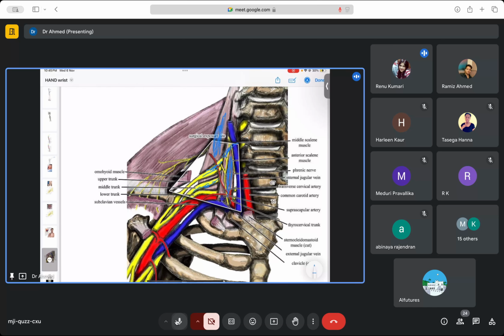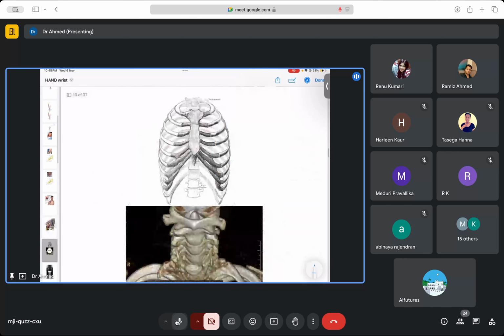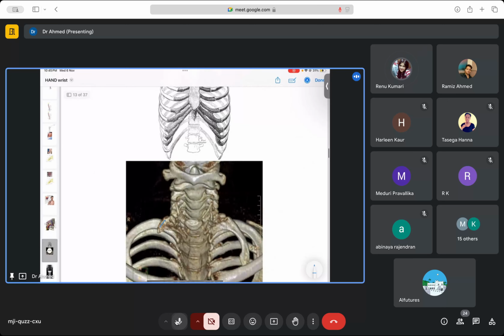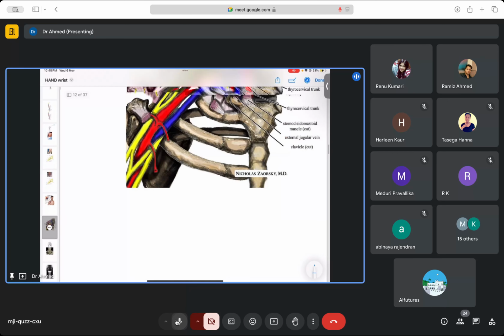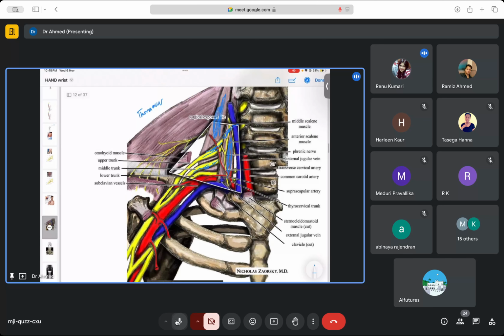In thoracic outlet syndrome, here you can see that extra rib coming out, so it can affect the brachial plexus, which comes out between the two muscles, the anterior and middle scalene. Mostly it's going to give you lower trunk involvement.